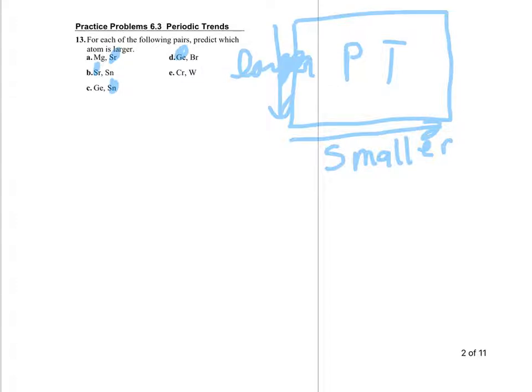Chromium is higher up, tungsten down lower, so tungsten's going to be larger. Remember that our trend here is bigger as we go down, smaller as we go across. Bigger as we go down because we're getting to higher energy levels, smaller as we go across because you're getting more electrostatic force.